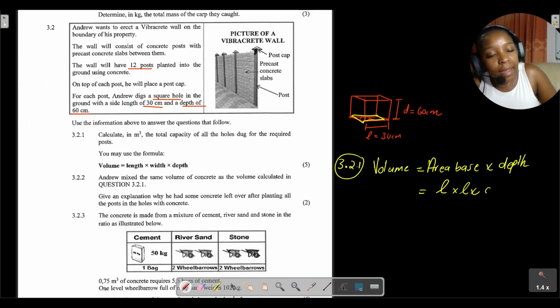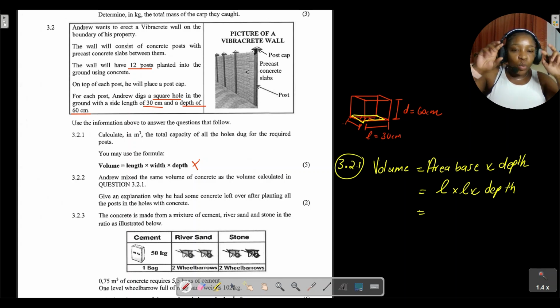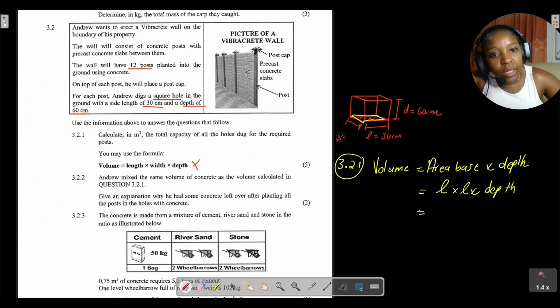So the volume of this hole will be calculated using this formula. Or you can just substitute into the formula given to us, length times width times depth. We already know that it's a square, so the other length, the width, is also going to be equal to 30 centimeters.